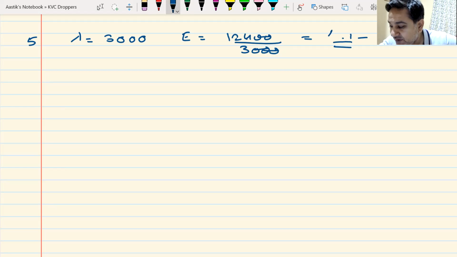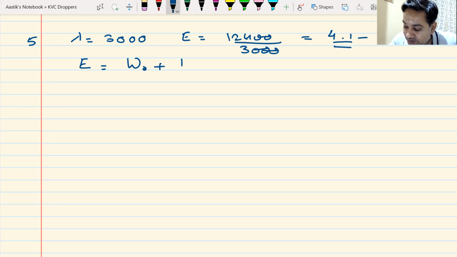This was a genuine mistake. I did not do it knowingly. So this is 4.1, the energy. From here, kinetic energy is given. So energy is equal to work function plus maximum kinetic energy. From here, I can calculate the value of work function.